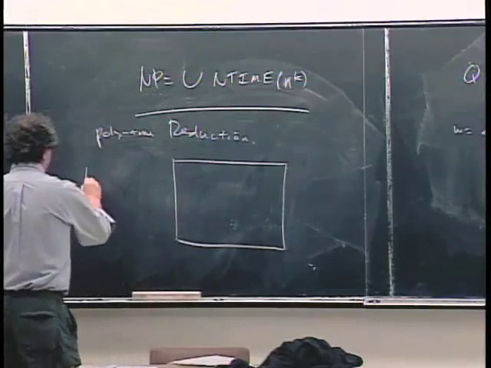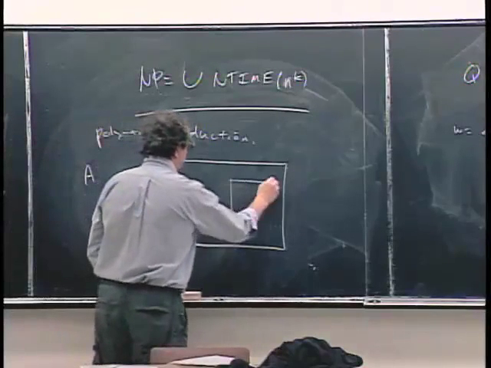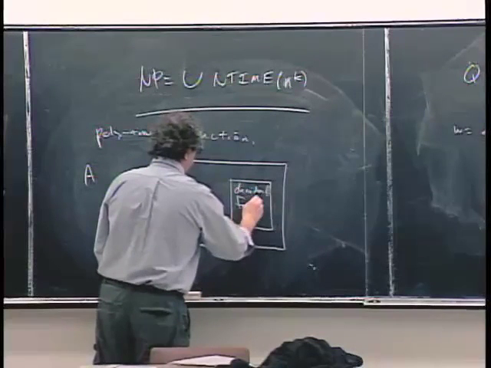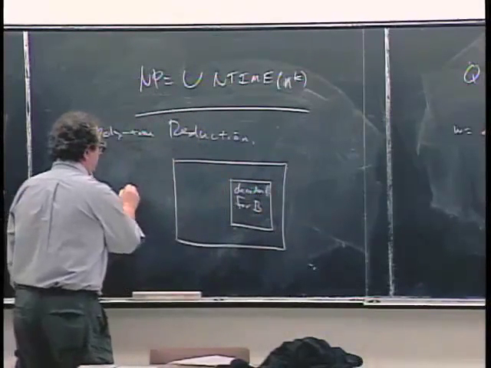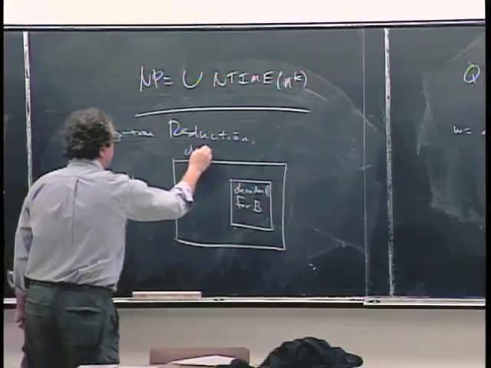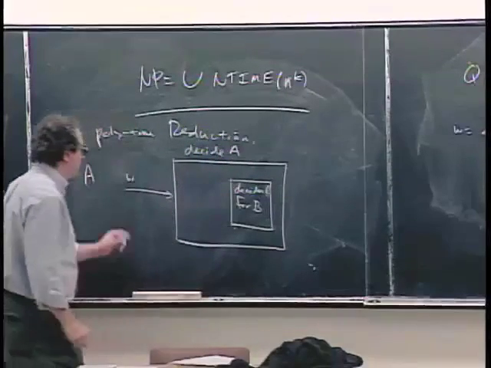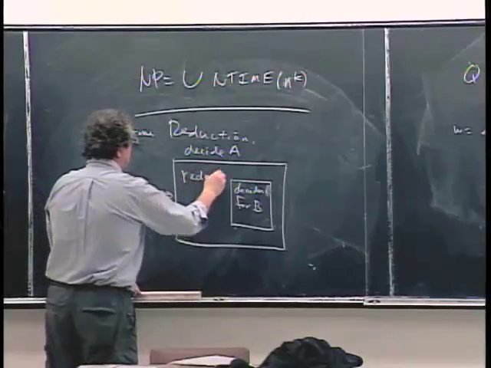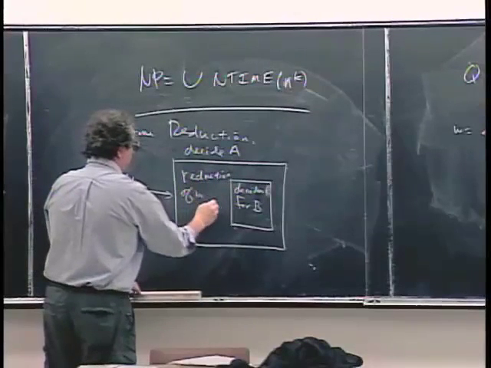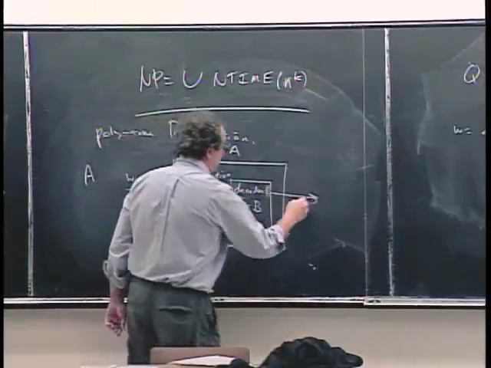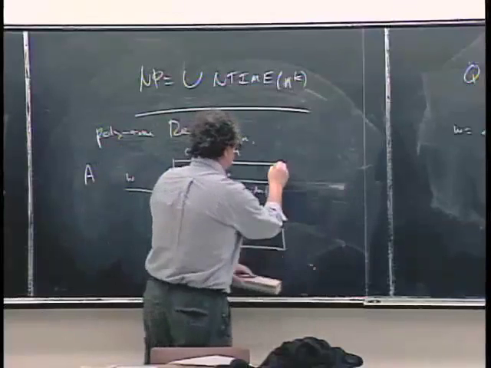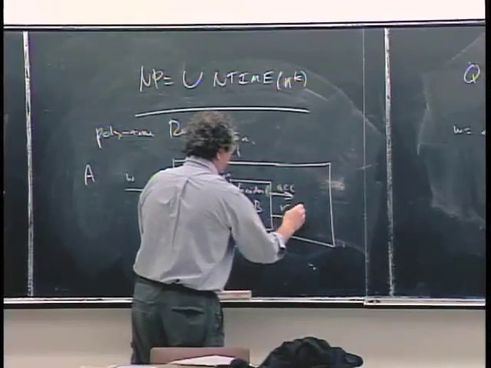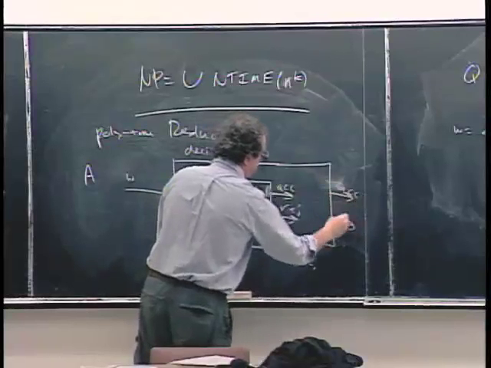So we have a language A and a language B, and here's a decider for B, and we want a Turing machine that can decide A. So the input is W, and then we do some reduction of W that creates an input W prime, and then based on whether this was accept or reject, we would accept or reject.